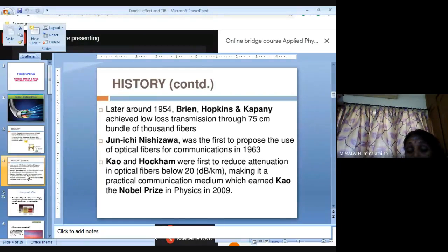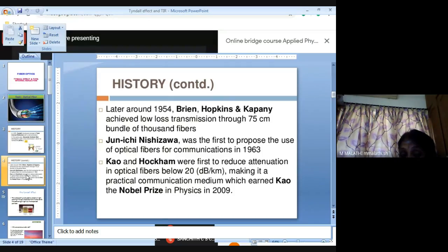By the principle of total internal reflection, the light can propagate through a medium without any loss. That was demonstrated by John Tyndall. Next, Alexander Graham Bell also demonstrated that light can be used for transmitting voice communication from one end to another end. These both things happened in the year 1870.